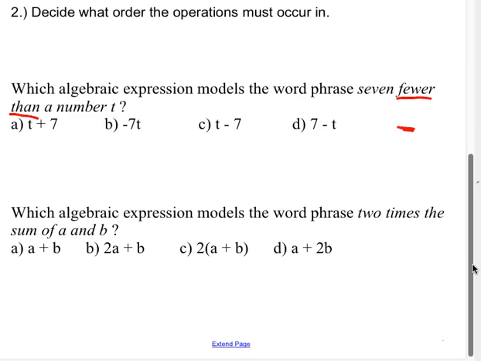Now, the thing that's tricky about fewer than, or you could replace that with less than, is let me give you an example. Take 7 less than your age. Okay, so you're not taking 7 minus your age. 7 less than your age is you actually start with your age and then subtract 7 from it.